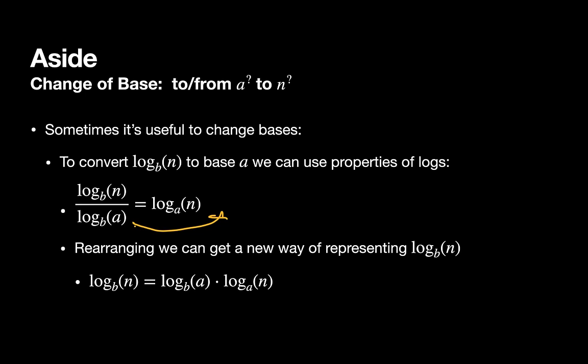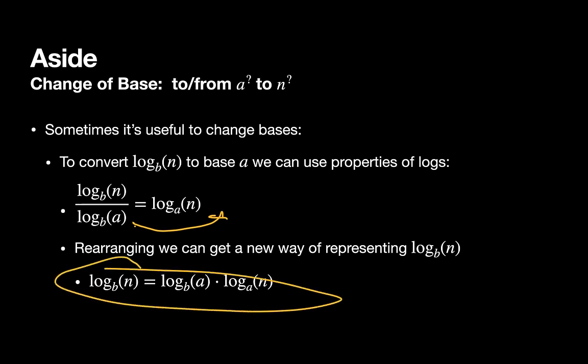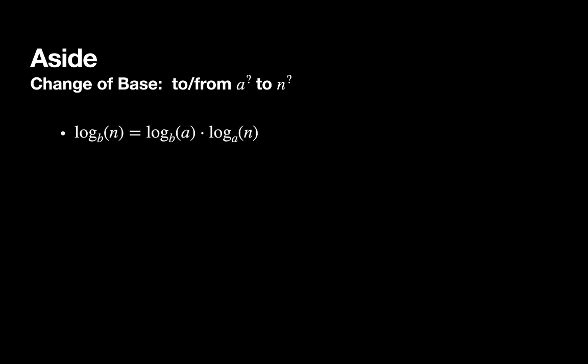Okay, so once we've got this formula, let's go ahead and use that. Let's substitute that into a to the power of log base b of n, and then do a little bit of algebra and rearrange things.